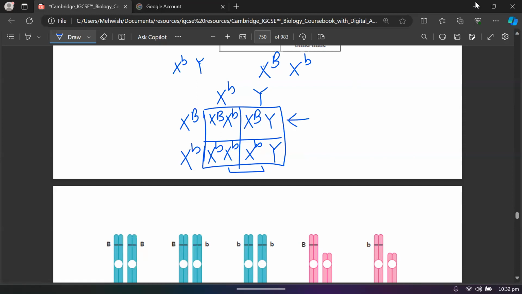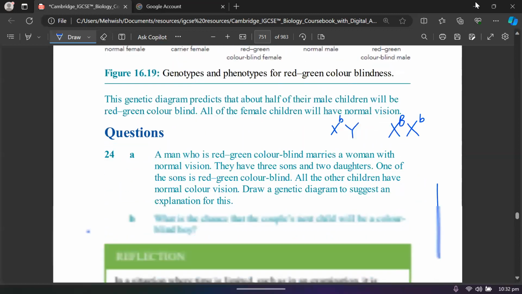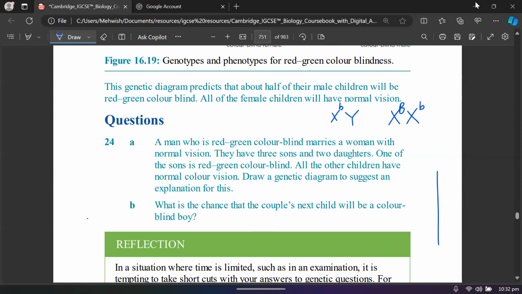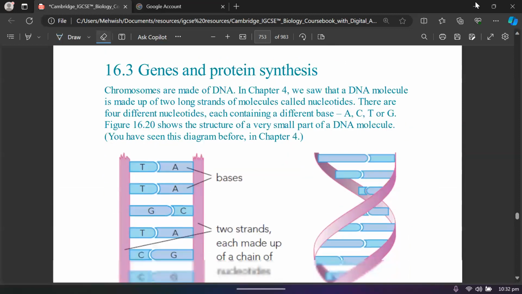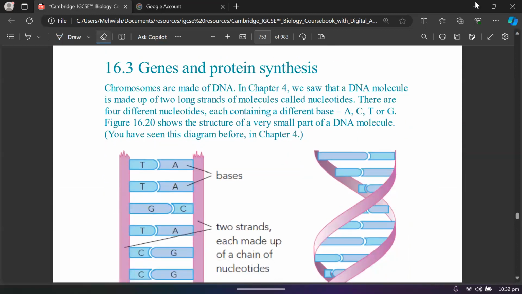These diseases are more common in men as compared to women, but they are never transferred from the father to the son. Is that clear? I have explained it to you with the help of some examples so that you can get them easily, right? Okay, now let's move on. So we are done with the chapter. Now we are supposed to start with the next topic, genes and protein synthesis.